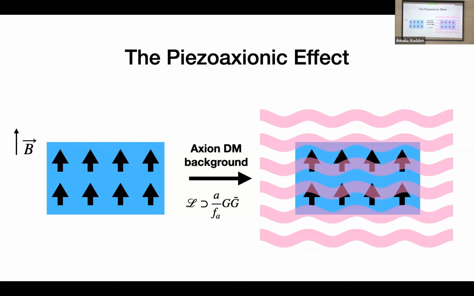Now, if the axion is the dark matter and we're living in some background of light, wavy axion dark matter, through the axion's coupling to gluons, it's going to induce the following effect. Our crystal is going to oscillate. So it's going to deform in size, and the frequency of these oscillations is going to be set by the mass of the dark matter, so the mass of the axion.